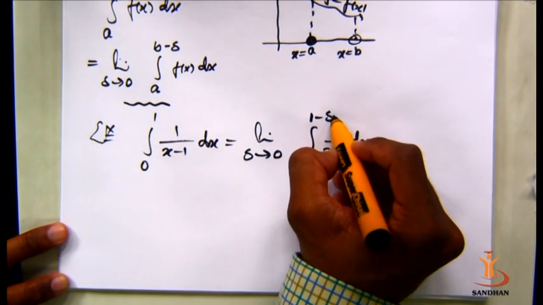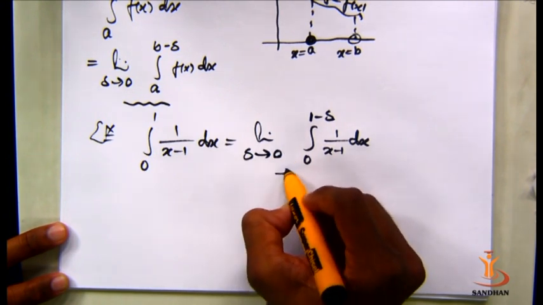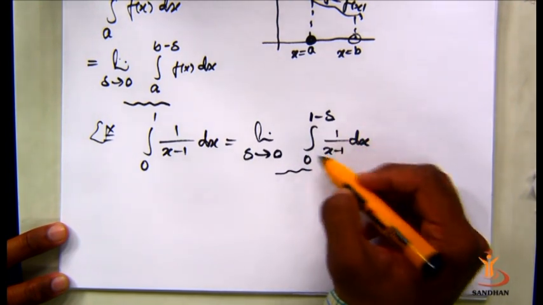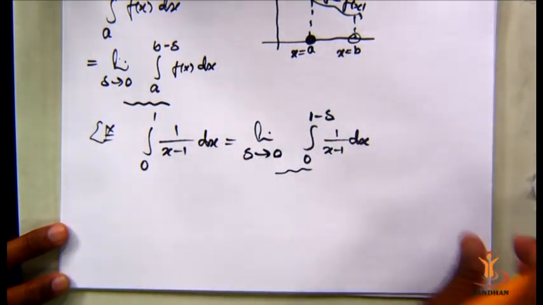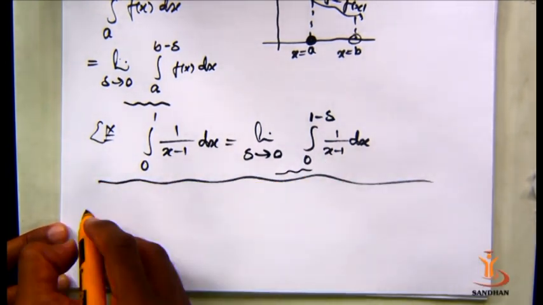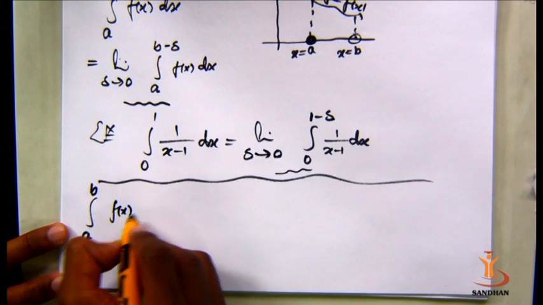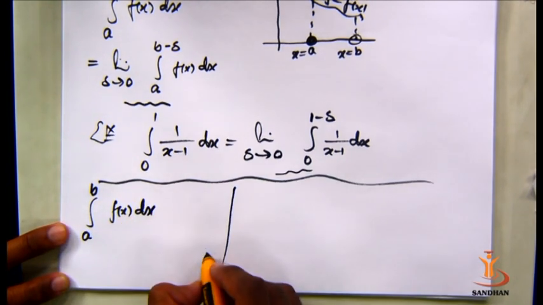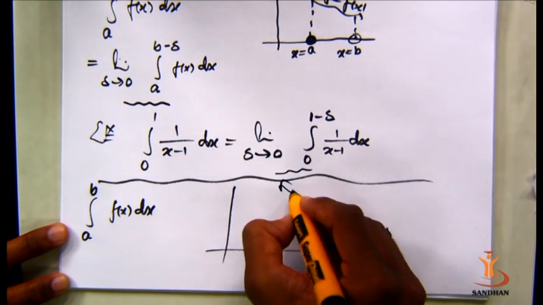Delta tends to 0 does mean delta gets closer and closer to 0, a very negligible number. The integral is a proper integral. We can evaluate that integral. Similarly, if we consider a to b, f(x) dx, at point c the function is not defined.